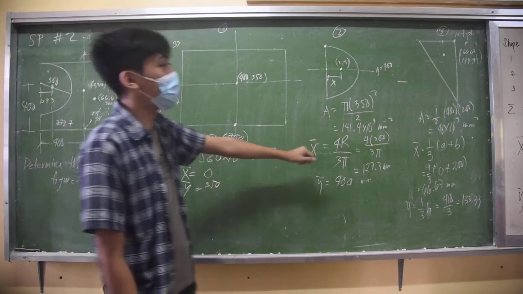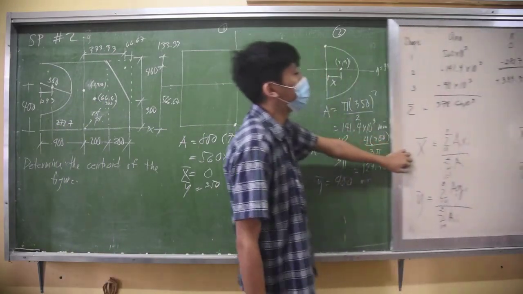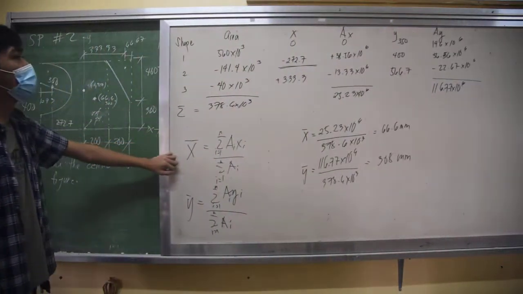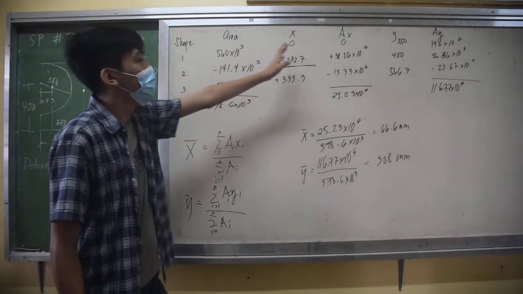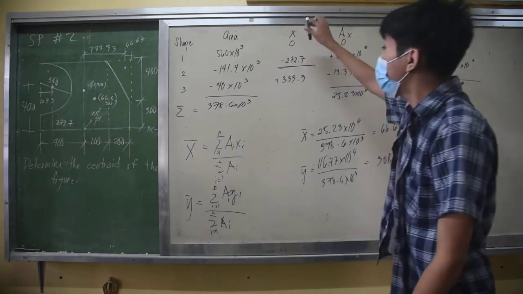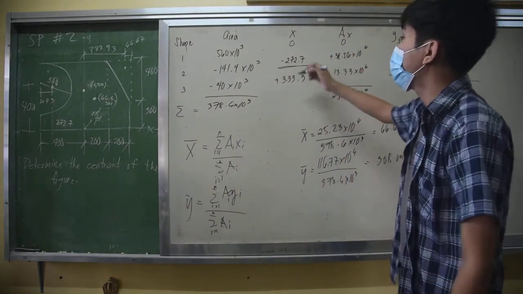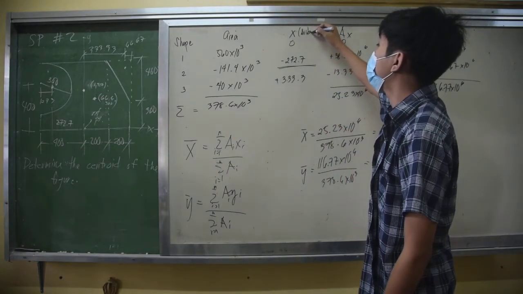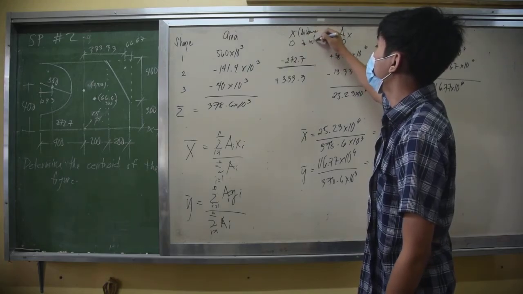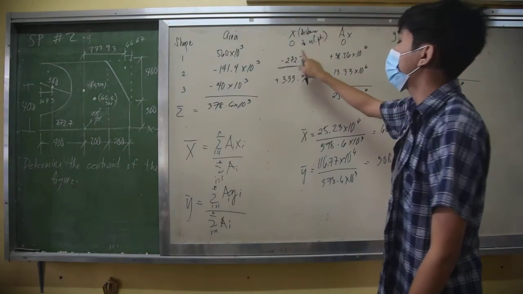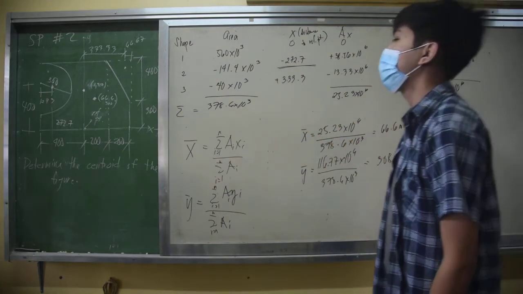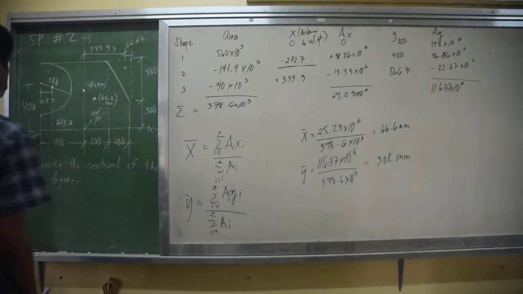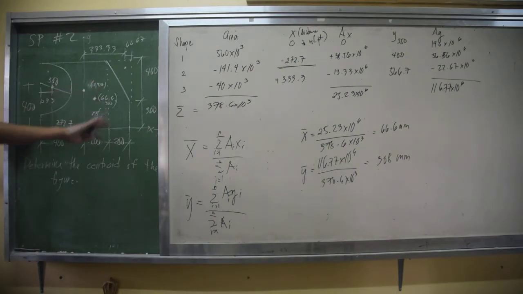The next is i-tabulate nyo yung data ninyo. So, yung shape, yung area ng shape ninyo, yung distance niya from the reference point ninyo. Tandaan nyo, distance to reference point, negative kung to the left, positive kung to the right. Para maging positive yan, i-set nyo na lang yung reference point nyo dito para positive lahat yung mga values ninyo.